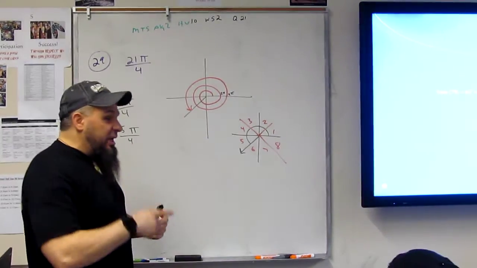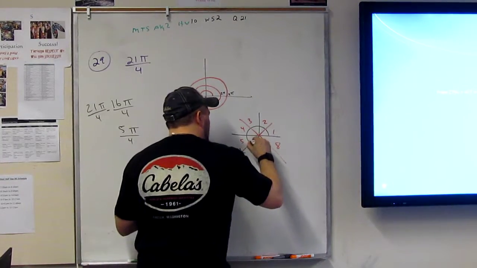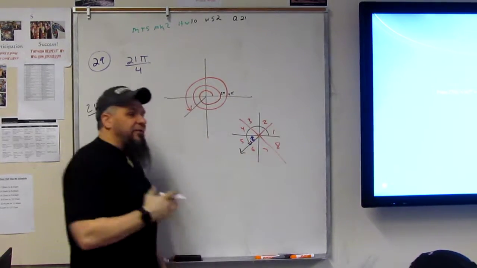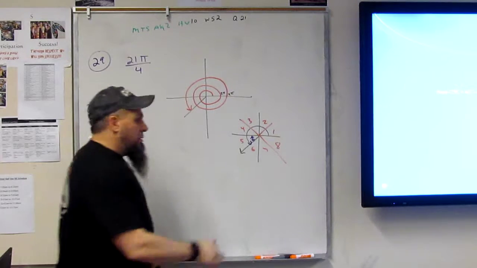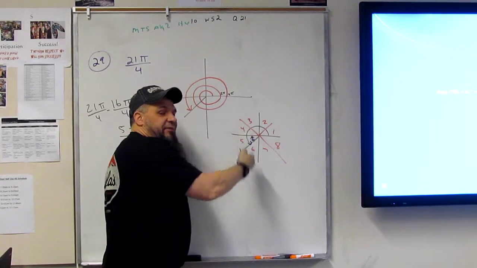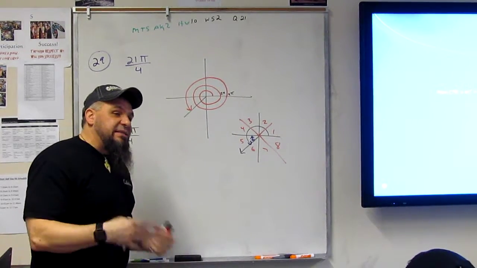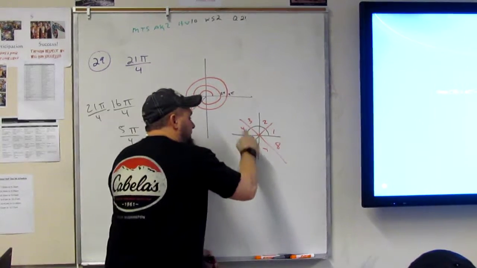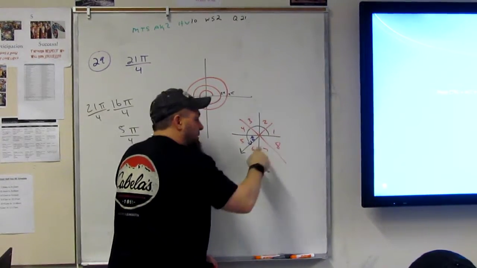But what we're looking at is this one. We're looking at this. So this is our reference angle. Right here on this side, that's our reference angle. So how many pieces is that? Right? And it's how many pieces out of 4 is this?